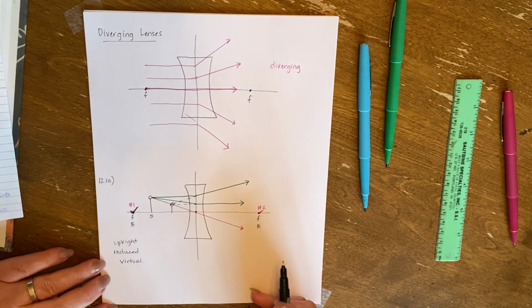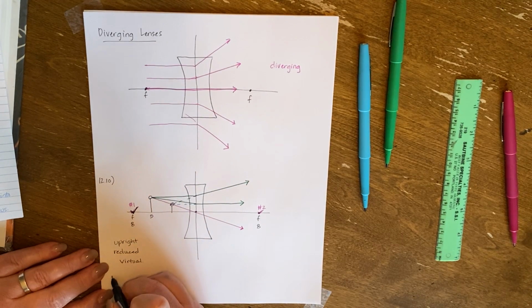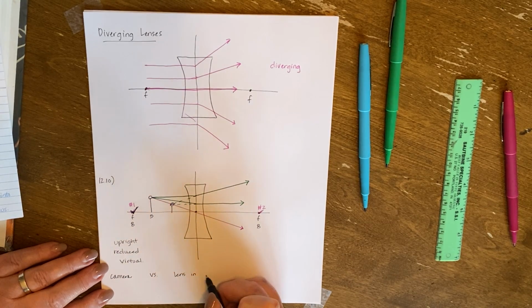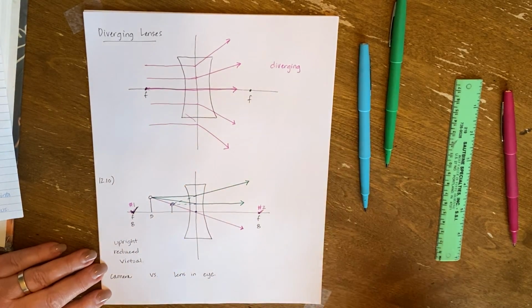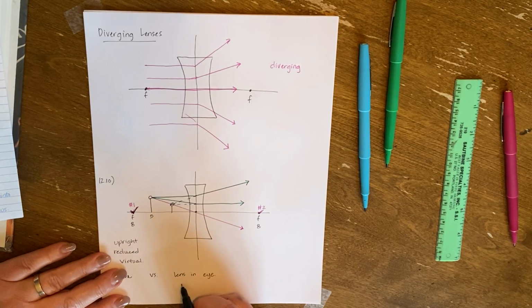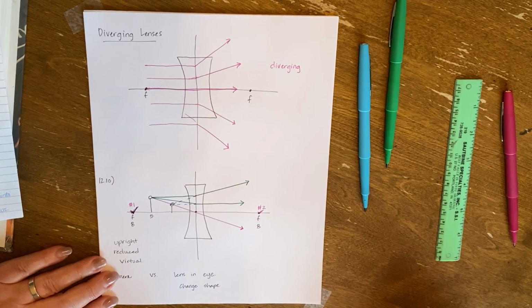Then the last thing the chapter talked about is just a camera versus the lens in your eye, and how God has just made our lenses in our eyes so wonderfully that to bring something into focus, the muscles in our eyes can change the shape of the lens in our eyes.